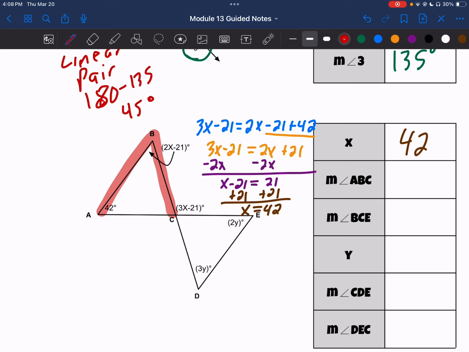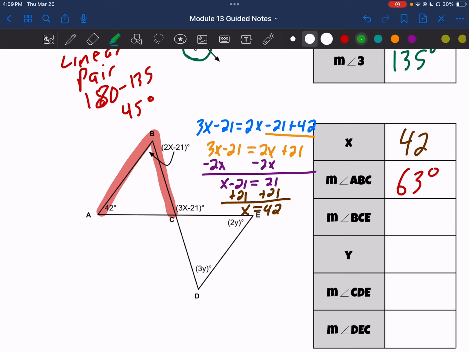And we can see why we're labeling these by their letters and their vertices, because like at point C there's 4 different angles that could be represented by that C. So we're going to be looking at what they're named instead. So angle ABC, that 2x minus 21. So 2 times 42, which is 84, minus 21 is 63 degrees.